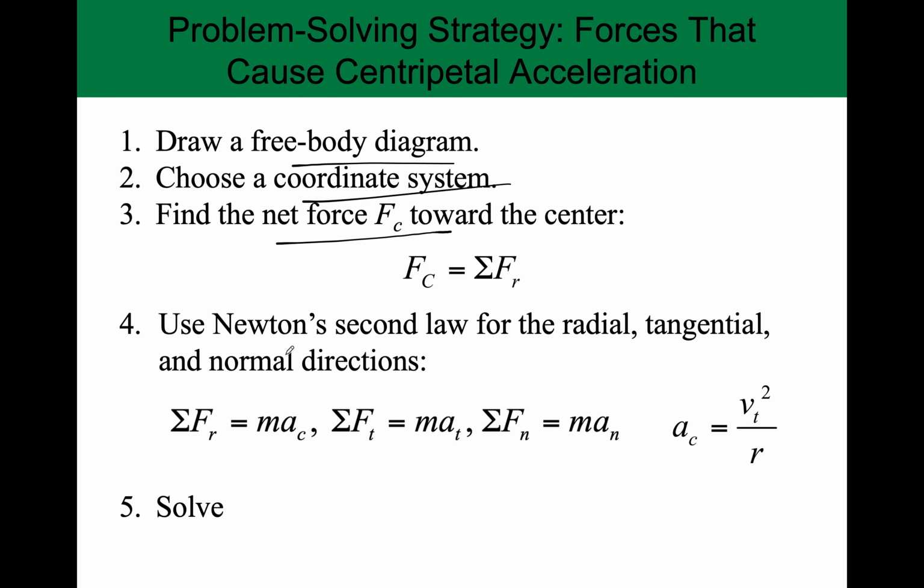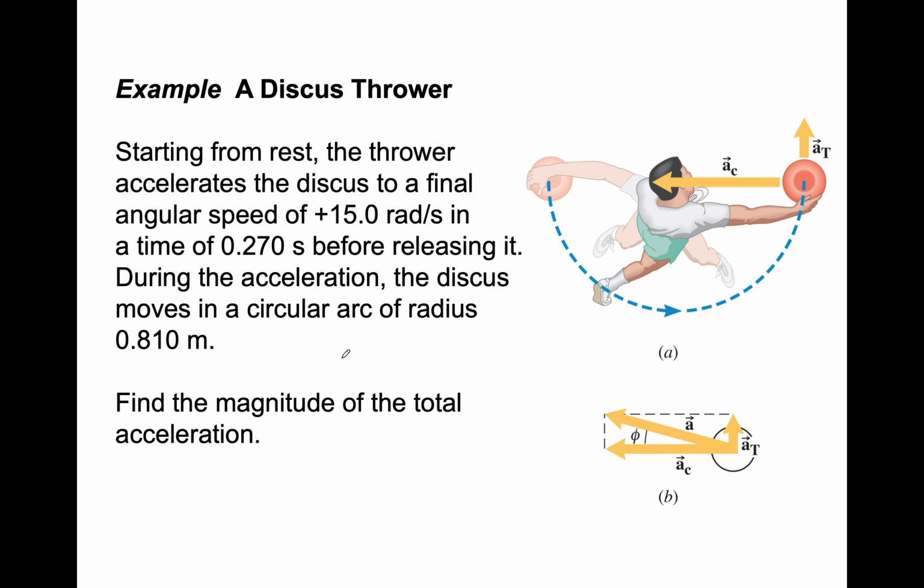Newton's second law tells us the net force should equal m times AC. And for us, usually we use this one. The problems we have usually have tangential acceleration 0, acceleration in the perpendicular direction 0. So this equation is more important for us. And then we solve for the unknown variable from this equation. Okay.